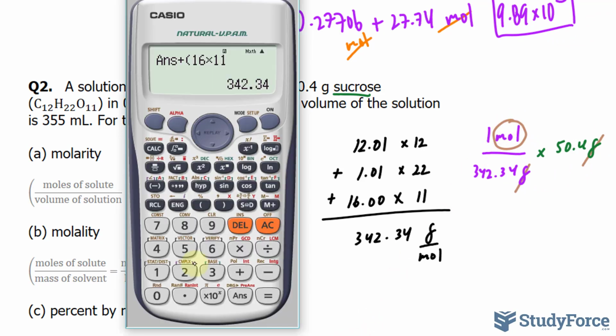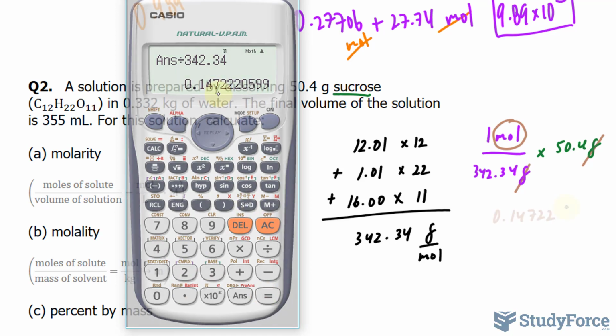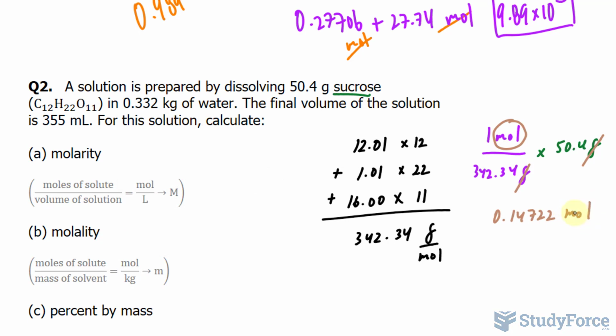Let's go ahead and record that number. 50.4 divided by 342.34, and we end up with 0.14722 moles. And we do have to take into account significant figures. Our final answer should have 3 significant figures, but I've recorded more than 3 digits here just so that I don't run into any rounding errors. I'll put a dot right underneath the 7 so I don't forget.